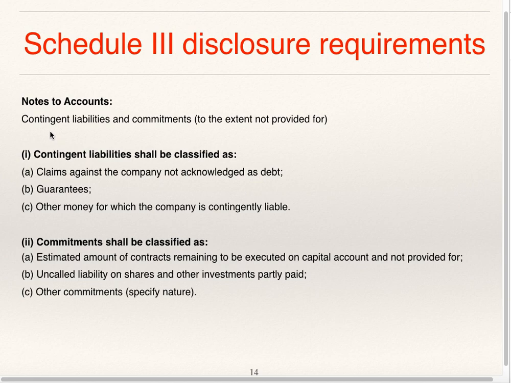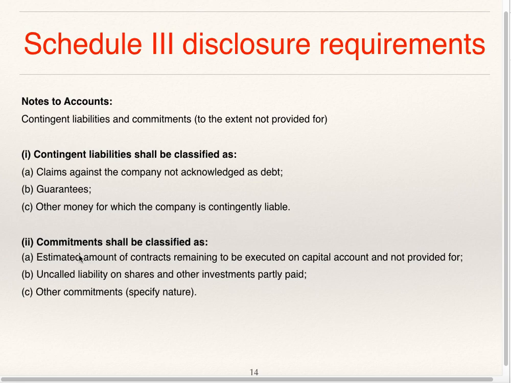Notes to accounts. This is about contingent liabilities. Contingent liabilities and commitments to the extent not provided for. Contingent liability shall be classified as claims against the company not acknowledged as debt, guarantees, other money for which the company is contingently liable.